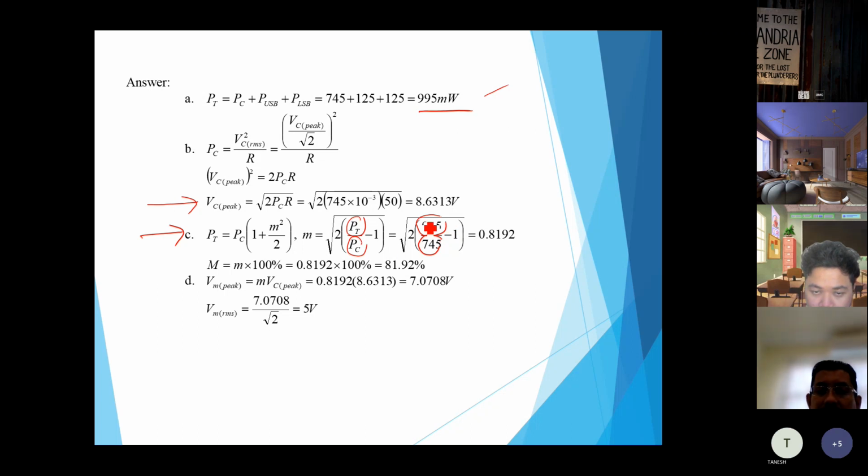So, and then kita kira semua sekali kita akan dapat 0.8192. Cuba guna kalkulator. Takut nanti you cuba tekan tak dapat. What happened? Okay. So kalau jawapannya salah, tolong maklumkan saya. Okay. So from here, after you get this, then you can find in terms of percentage. You just need to multiply with 100%. So you're gonna get 81.92%.